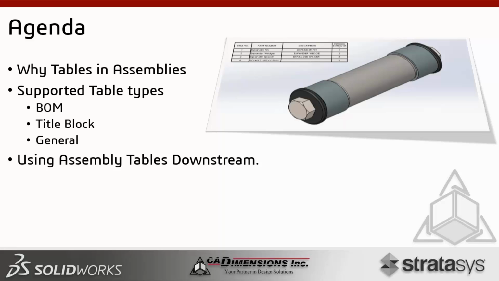And then I want to talk about, as I progress in this conversation, how do we use those downstream? Does it make sense for us to put together a bill of material in an assembly if I'm going to have to just create a drawing anyway and create a bill of material? And the reality, as you'll see through the presentation, is that your effort is not completely wasted.